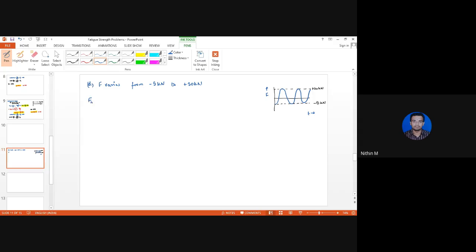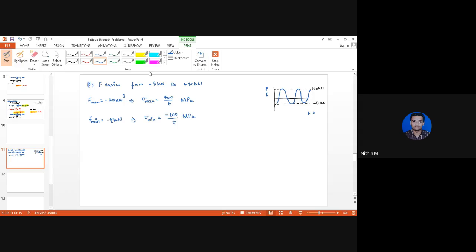Now F max is 20 into 10 to the power of 3, which implies that sigma max is 400 divided by t MPa. Previous cases we have solved. So F minimum is minus 5 kilonewton, which implies this should be 1/4, so sigma minimum will be equal to minus 100 by t MPa.